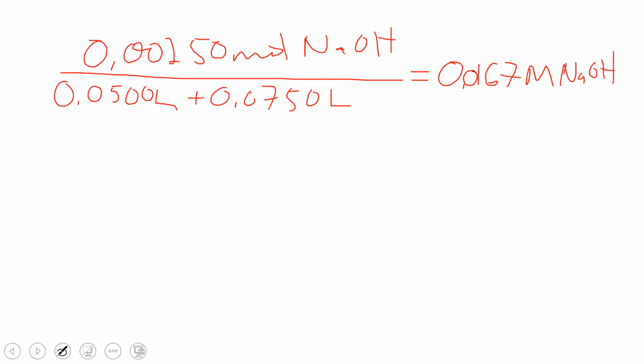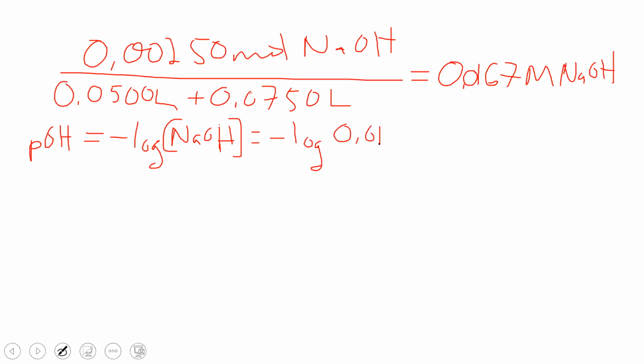So to find our pOH, since it's essentially a strong base solution, we can say our pOH will equal the negative log of the concentration of sodium hydroxide, which will equal negative log of 0.0167, and the math works out to give us a value of 1.78.